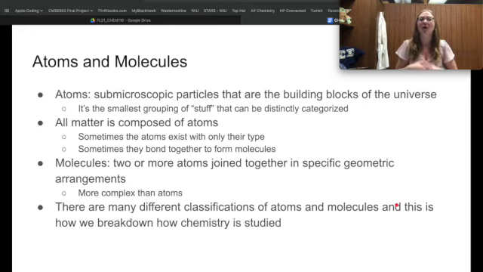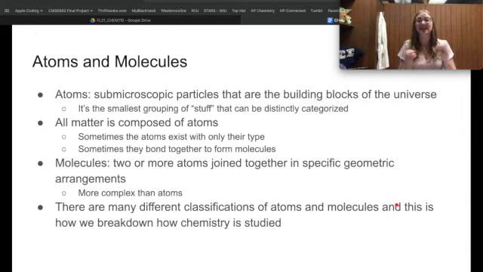So atoms are all of the different elements on the periodic table. Those are all the different kinds of atoms that we've discovered thus far. And we can distinguish those different kinds of atoms from each other based upon different properties, different subatomic particles they have, so the different particles that make up the atom.